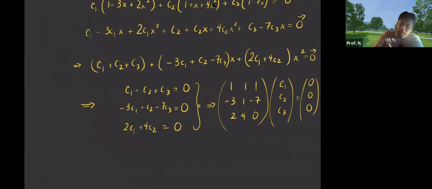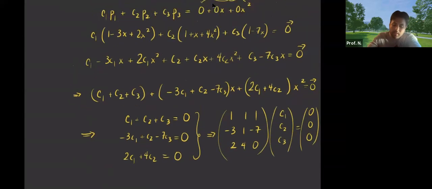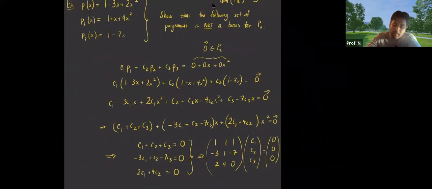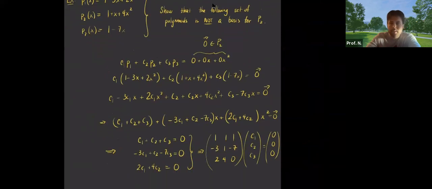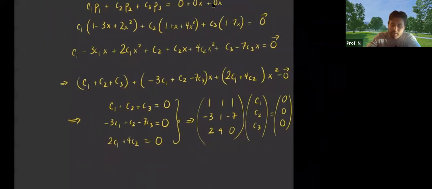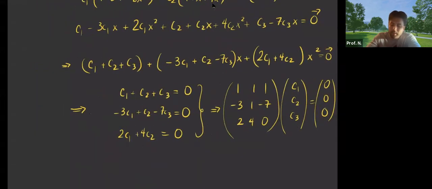Now, what we're saying is that this is not a basis. So if it's not a basis, then what does that mean? That means that this matrix here, if I don't have these C1, C2, C3 being unique, being zeros, then there must be infinitely many solutions, or no solution.